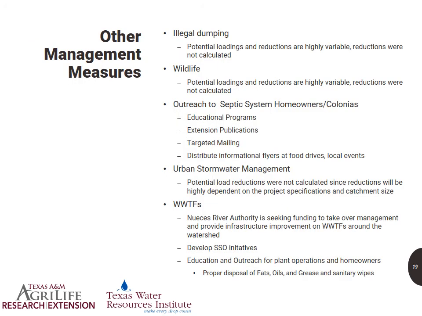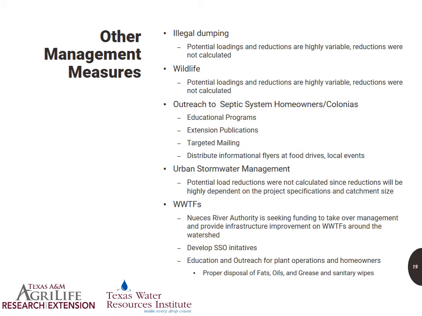Other management measures, it's hard to estimate total loads just because it's going to really vary based on what is actually brought into the watershed. But there are other things that we are targeting and we are going to be putting into the plan. As I mentioned, illegal dumping, even though we can't estimate water quality improvements from it, we know it's a big concern, tires especially. So we are going to put in some language on how we are going to address that through signage, through cleanup events, and proper disposal of hazardous waste.